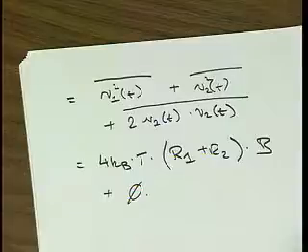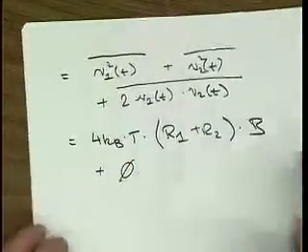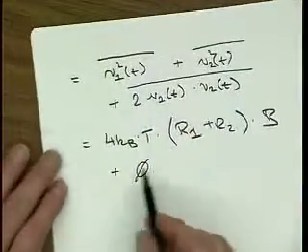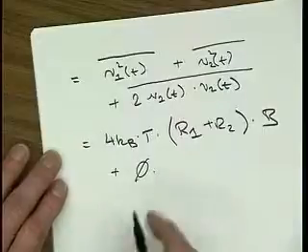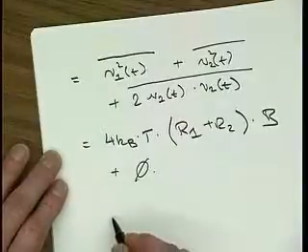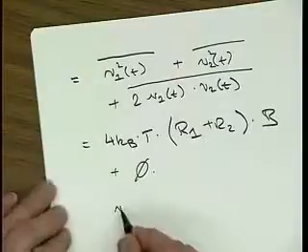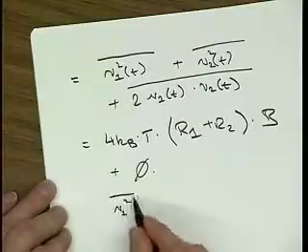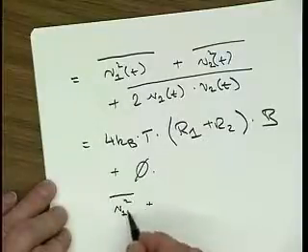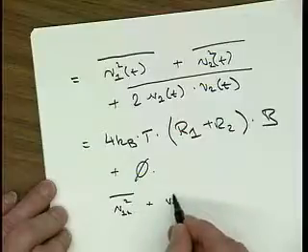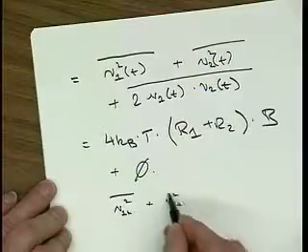Okay. So consequently, the noise of this combined resistor is just equal to V1 square plus V2 square, right?